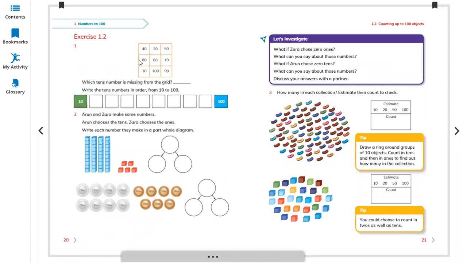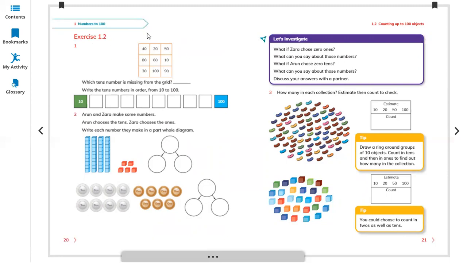Exercise 1.2. Here is a chart of numbers which asks which 10 number is missing from the grid. So it is easy, we are going to count in tens starting from the lowest number, that is 10, 20, 30, 40, 50, 60, 70.